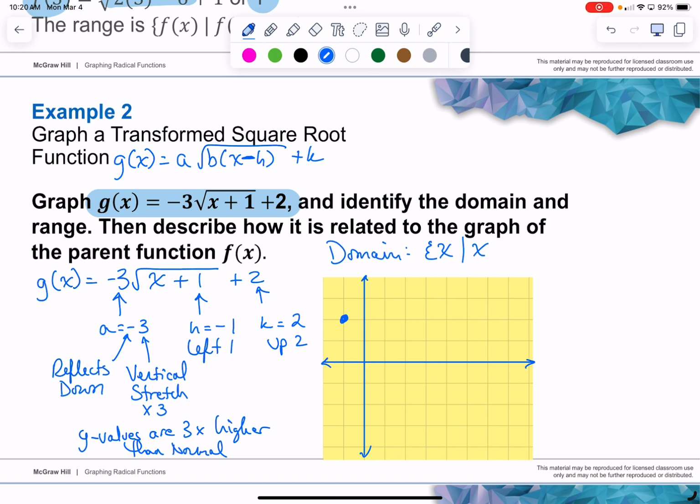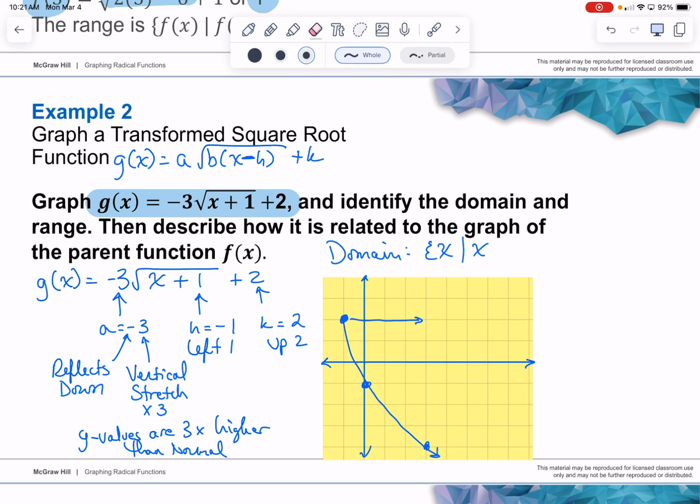So now, instead of going over 1, up 1, we're going over 1, down 3, right? Instead of going over 4 from the vertex and down 2, we're going 2 times negative 3, so down 6, right? So that's my square root function there, right?